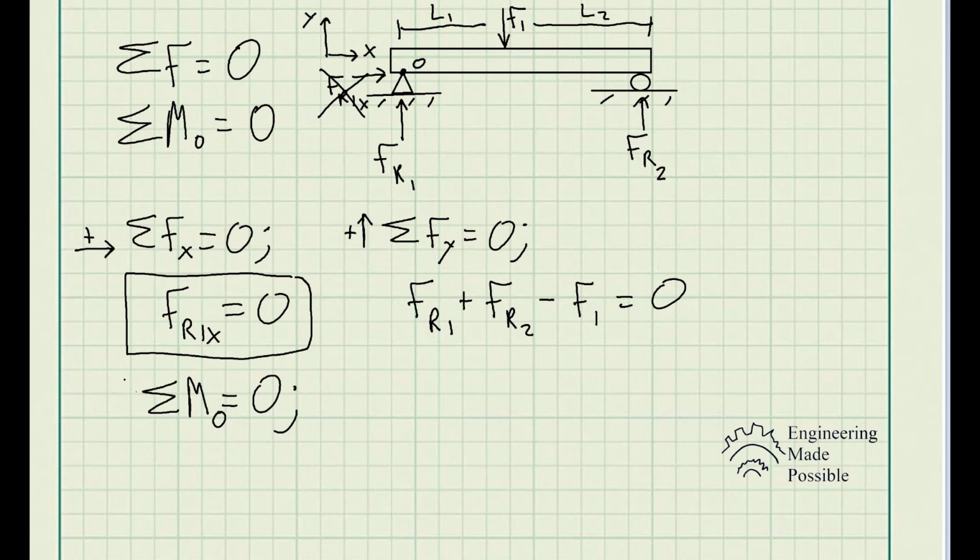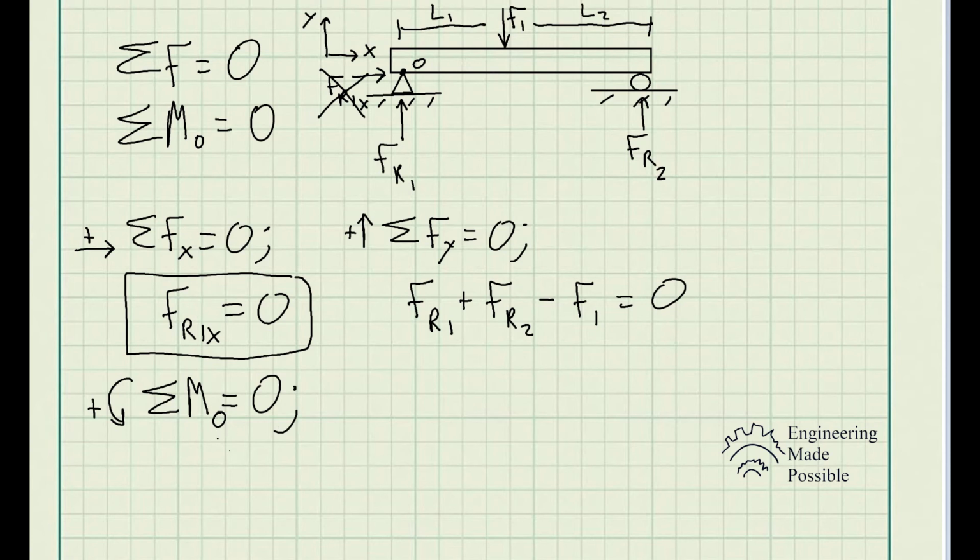So the summation of moments with respect to that point O is equal to 0 because there is no rotation in this system. So we know that. And we'll say counterclockwise direction is positive. So when it comes to moments or torques, it's always going to be the force times the perpendicular length with respect to whatever point.